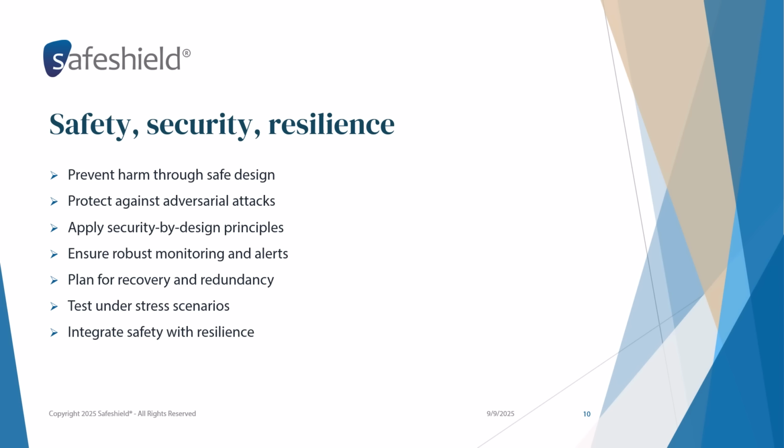Security involves protecting AI systems against malicious attacks, such as adversarial inputs, model poisoning, or data manipulation. Resilience refers to the capacity of AI systems to withstand disruptions and recover quickly, whether caused by cyber attacks, system failures, or unexpected changes in input data.